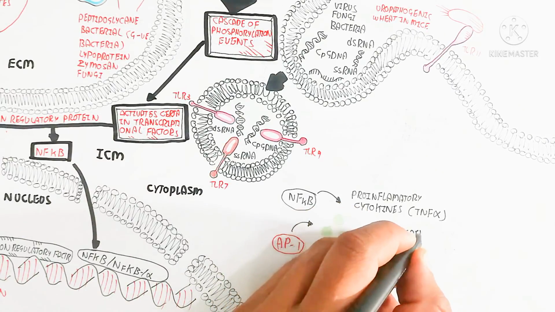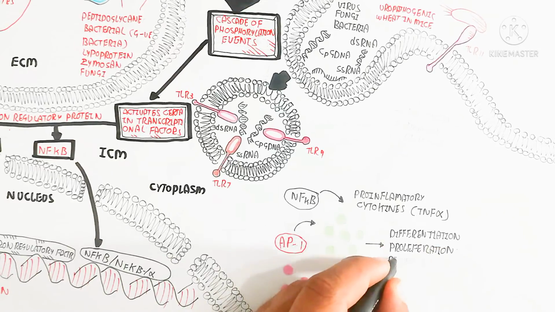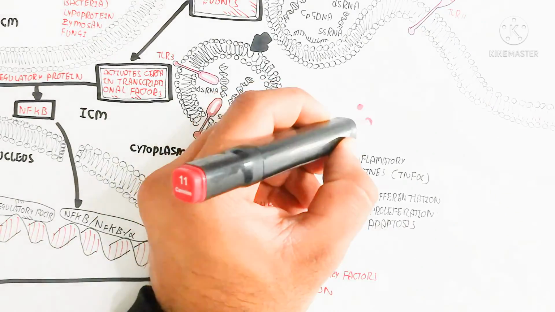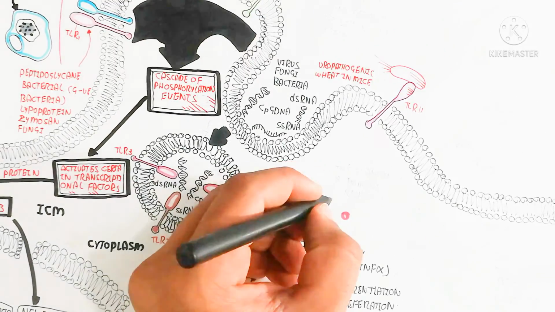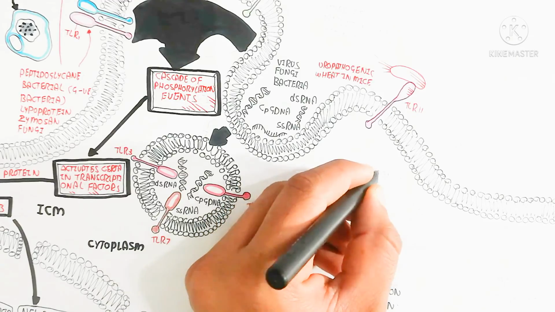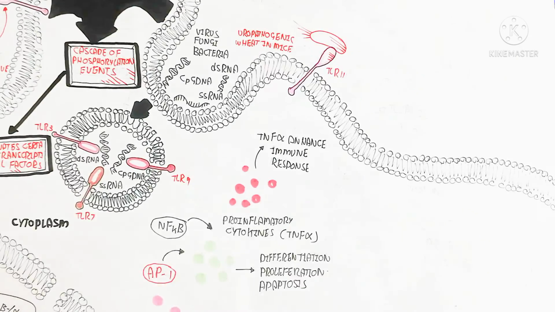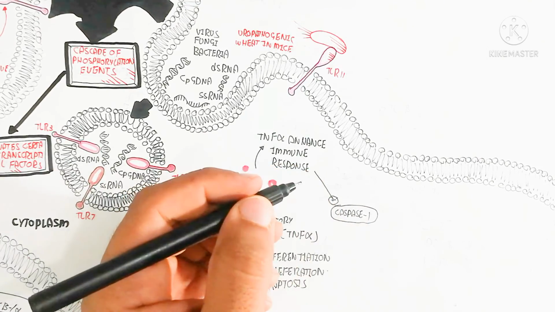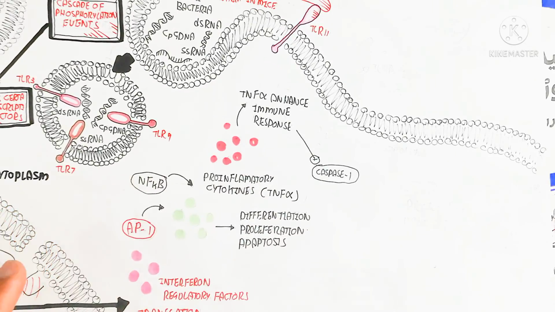This will lead to translation, and in this way the proteolytic cleavage of pro-interleukin 1b and pro-interleukin 18 will lead to maturation and release as cytokines. This will lead to the release of cytokines, and tumor necrosis factor alpha enhances the immune response.